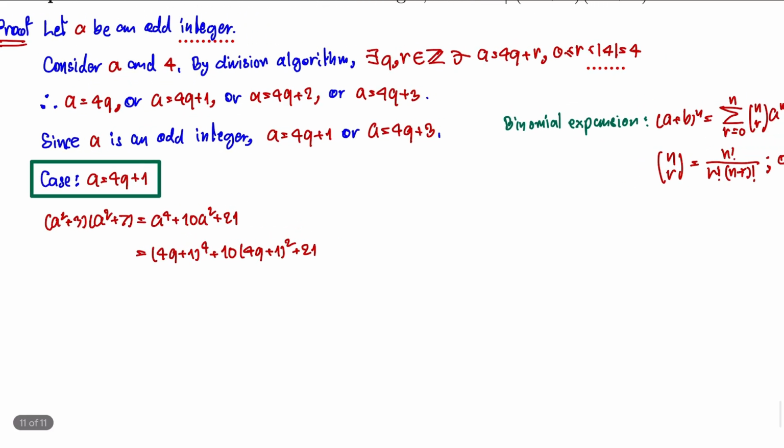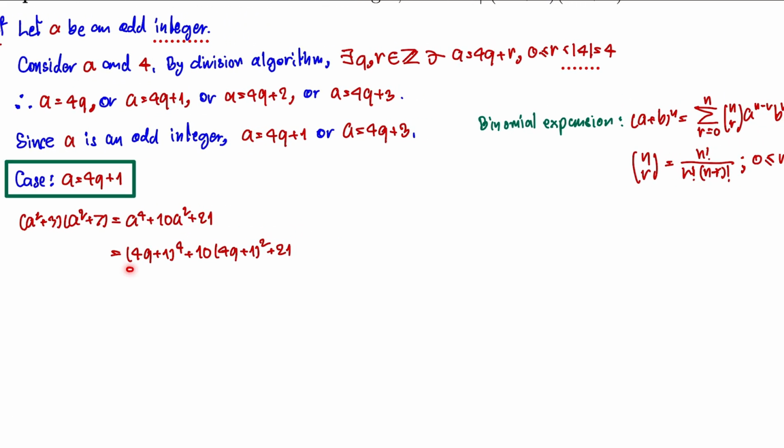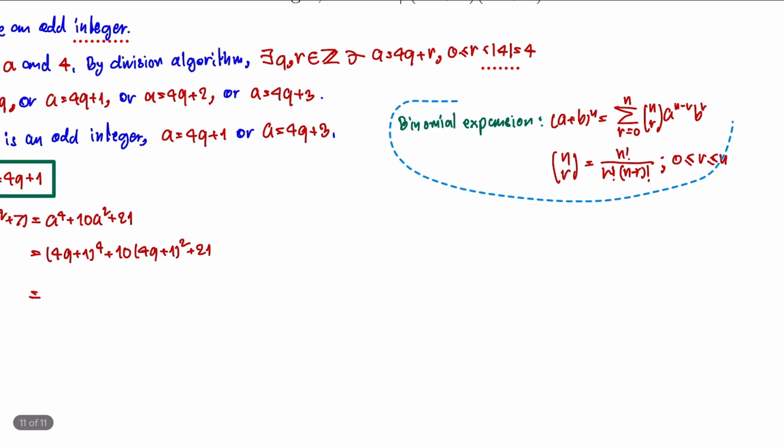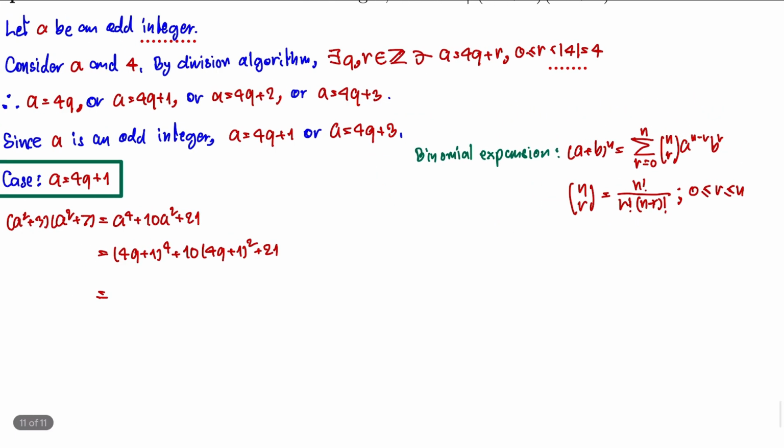All right, so now let's plug in and expand this term. For this one, we use binomial expansion. We have the sum from r equal to 0 to 4 of 4 choose r, (4q) raised to the 4 minus r, times 1 to the r, plus 10 times (16q squared plus 8q plus 1) plus 21.